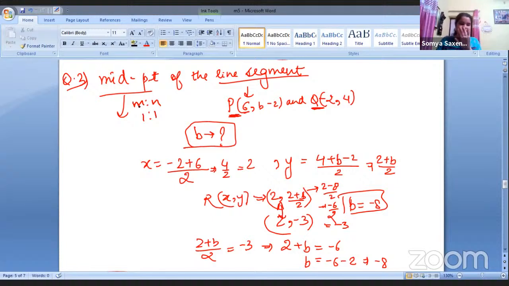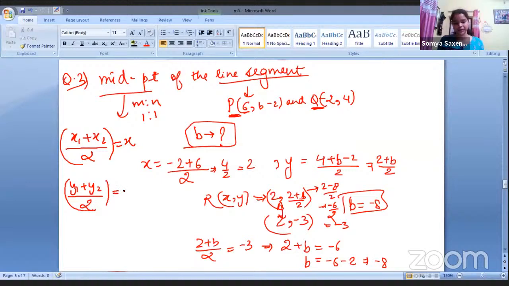So there isn't any issue with the ratio part, which means we automatically come down to the midpoint formula. If we have to find the x coordinate of the midpoint, we use this. If we have to find the y coordinate of the midpoint, we use this.